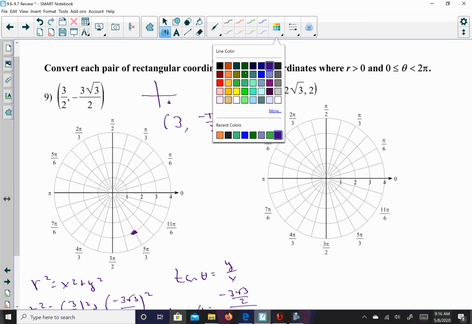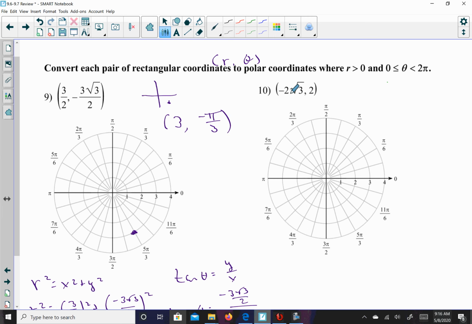Now, the next one, when I look at this point, my x is negative, my y is positive, which tells me I'm going to be in the 2nd quadrant somewhere. So when I go to do this, I'm going to start it off the same way. I'm going to say r squared is equal to negative 2 squared. Oh, negative 2 times the square root of 3. Whoopsie. Wrote that wrong.